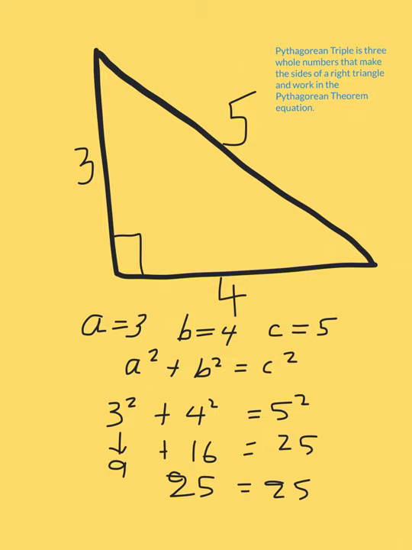I tried to type this information up here, but a Pythagorean triple is 3 whole numbers that make the sides of a right triangle and work in the Pythagorean theorem equation. So our first example of a Pythagorean triple is 3, 4, 5.